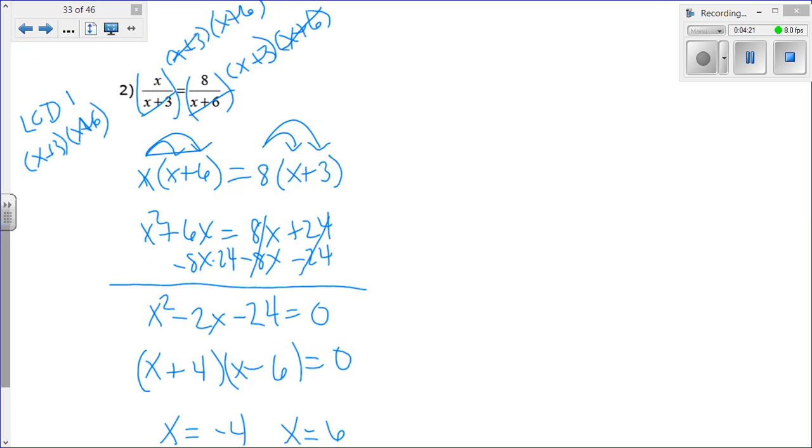So going back to my original problem here, I have 2 answers, so I have to have 2 checks. And if x is equal to negative 4, I'm going to have negative 4 over negative 4 plus 3 equals 8 over negative 4 plus 6.